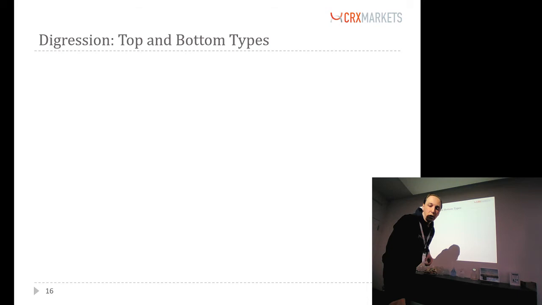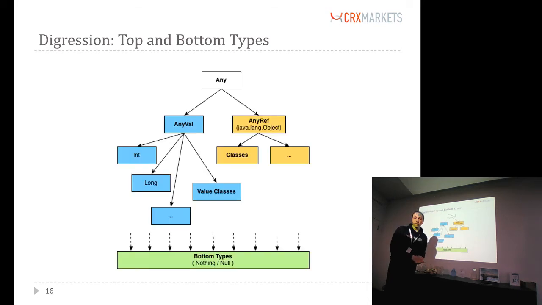So, a little digression. In Scala, there is a type hierarchy that has so-called top types and bottom types. You don't hear about it much in Java, but in Scala this is a big thing. Top types are the types that are the supertype of everything else.